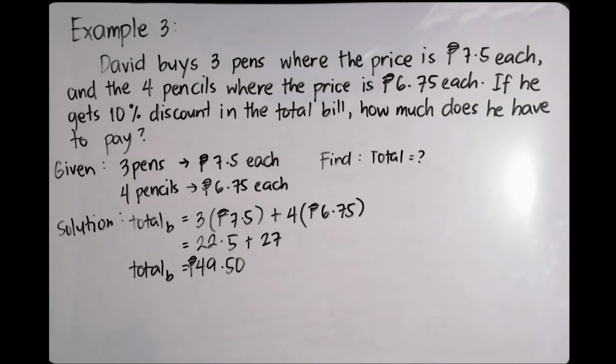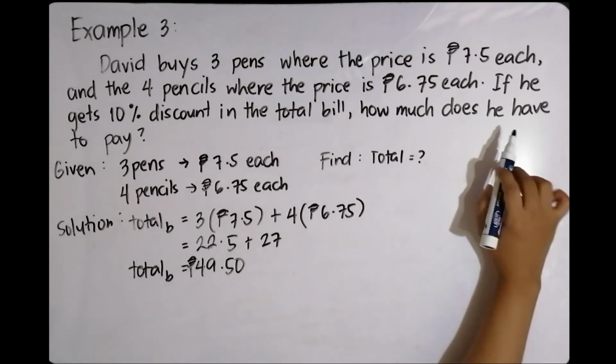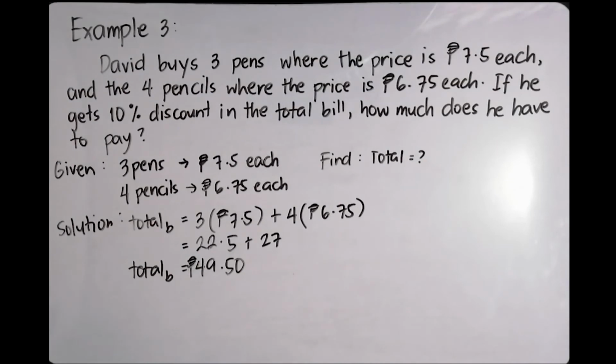So this is the total bill supposedly of David. Now let's calculate the total amount that he has to pay. We have here a 10% discount.